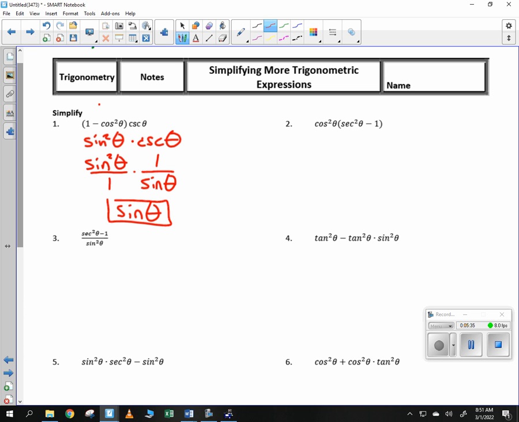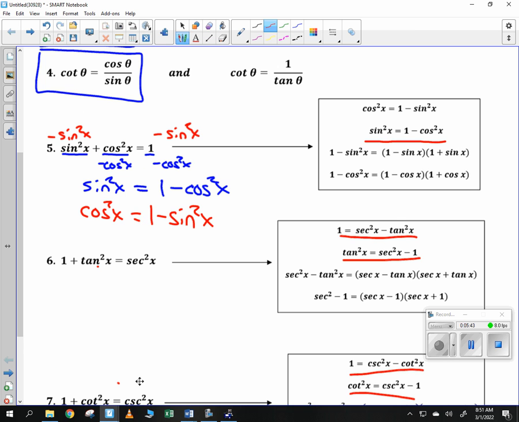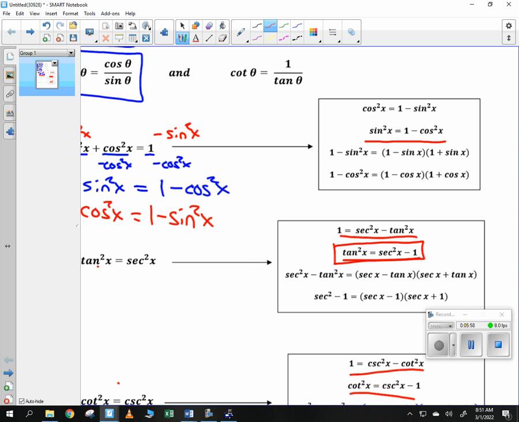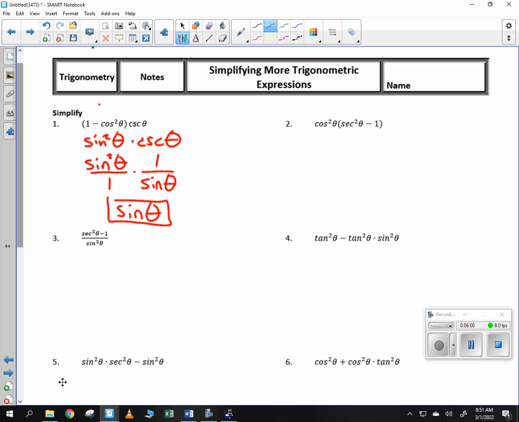And we're going to have to pay attention the second time. I see secant squared minus 1. Let's look at our sheet. Do you see a spot where there's a secant squared minus 1? Where? It is right here. Secant squared minus 1 is tangent squared. So I'm going to take this and put in its place tangent squared.